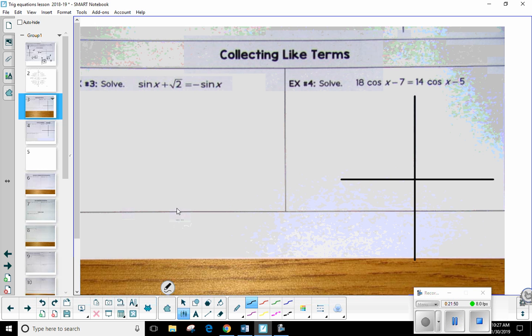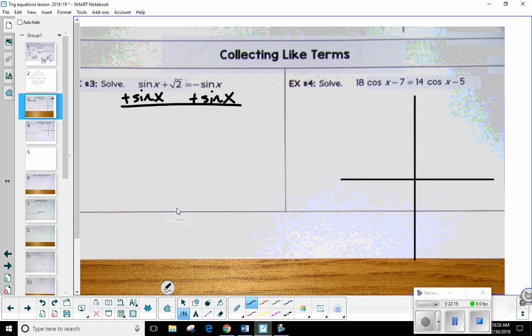Here we do have 2 trig functions, but they are the same, so I have to somehow combine those. What would you like me to do? Should I move the left sine to the right or the right sine to the left? So you want me to move the right to the left? Okay. Well, I've got a negative sine here, so the only way to get rid of it is to do the opposite. I'm going to add sine to both sides.